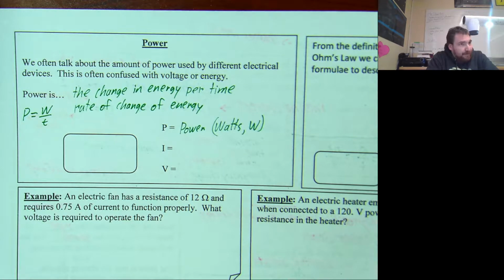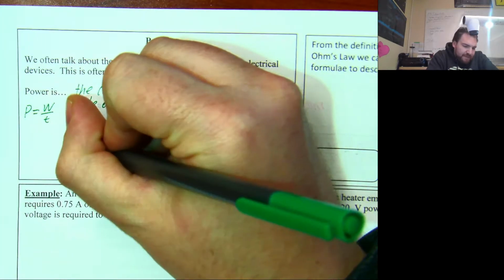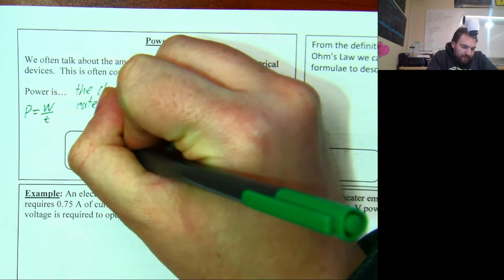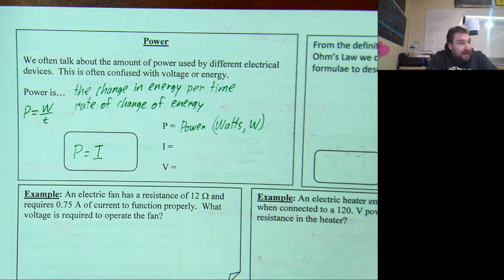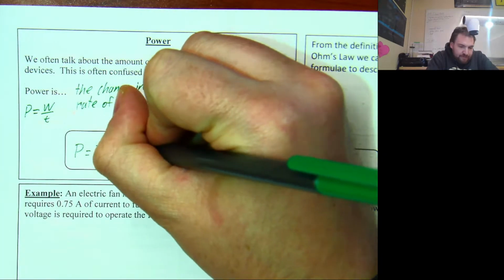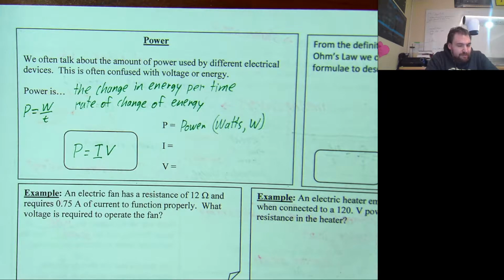For electrical power, the formula we're going to use is power is equal to the current you have times the voltage. Now, current is measured in what units? Current is measured in amps.